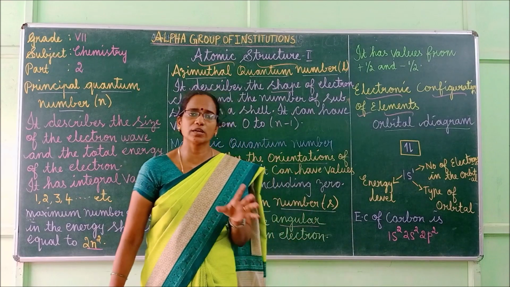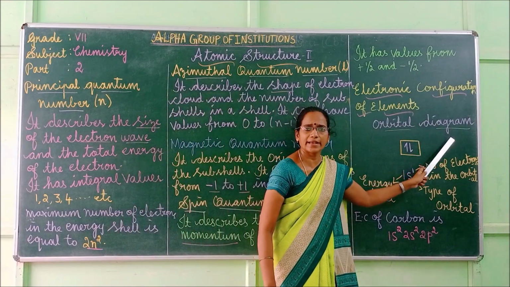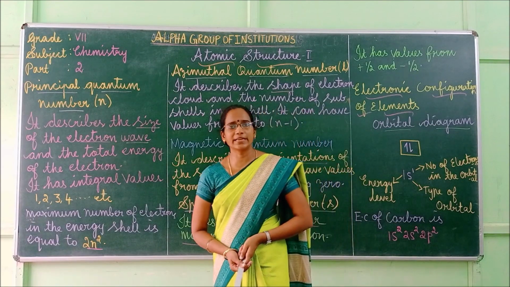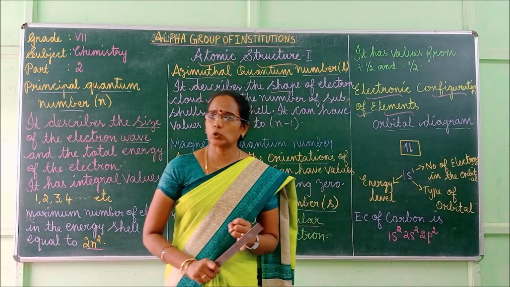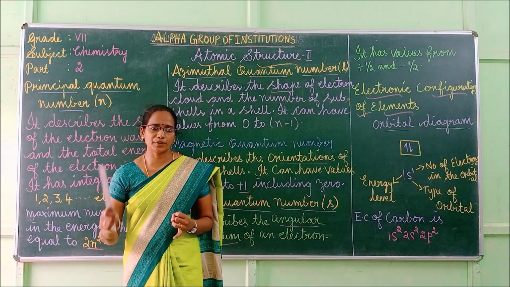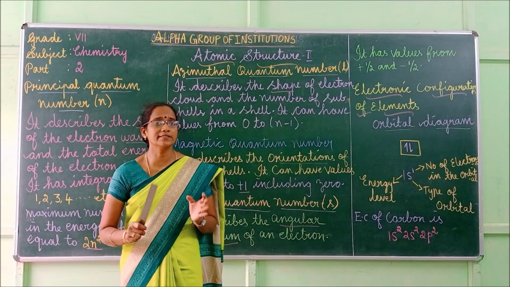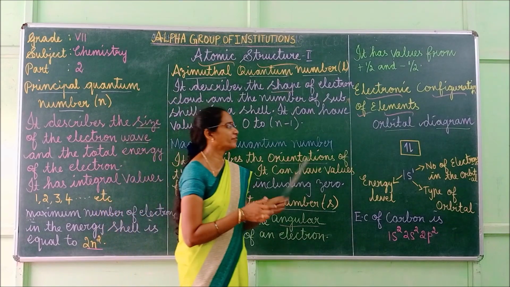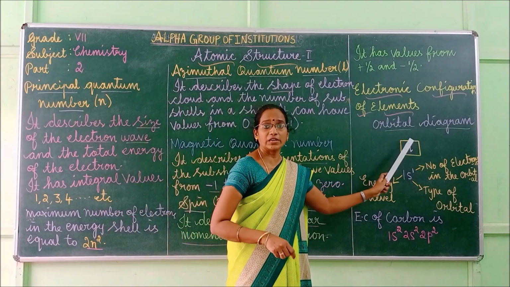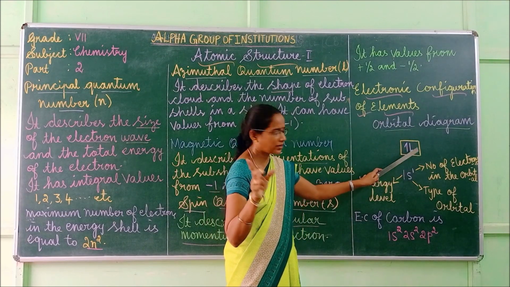Keep this point in your mind. For applying the orbital diagram, 3 rules are very important, which I already told you: the Pauli exclusion principle, the Aufbau principle, and Hund's rule. These 3 rules are very useful for filling electrons in the orbital. So this part is very important.